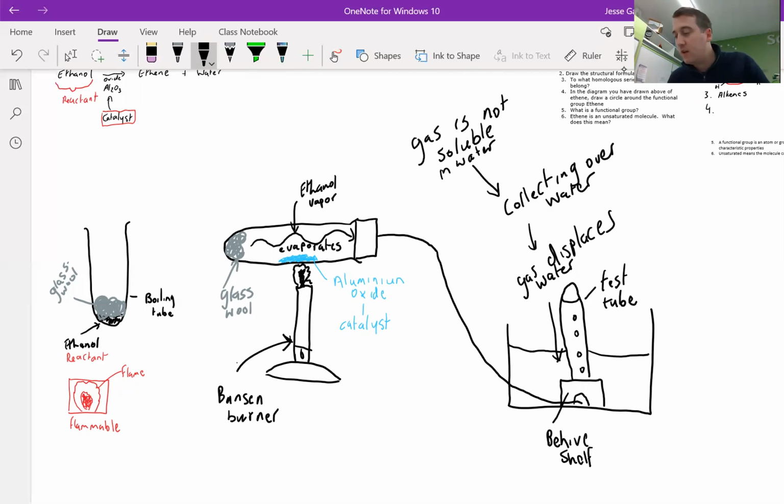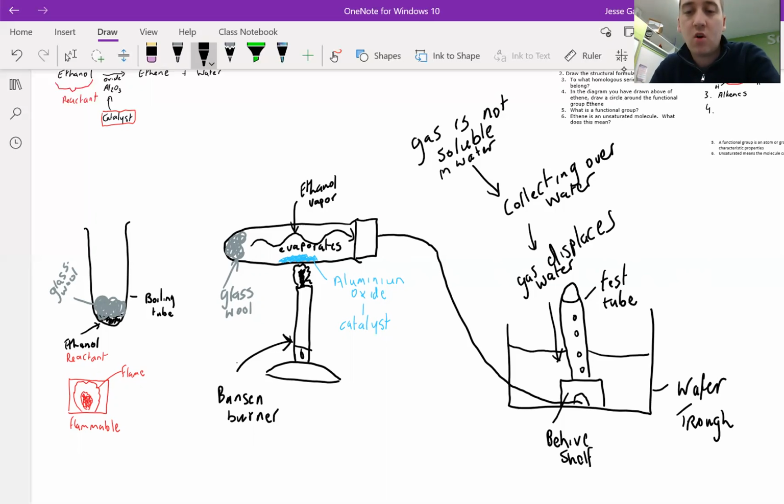Okay. Now, those are the main steps. This is a water trough. We've got a beehive shelf. On top of the beehive shelf, we've got test tubes that are full of water. And when we bubble the ethene gas up, it pushes the water out.